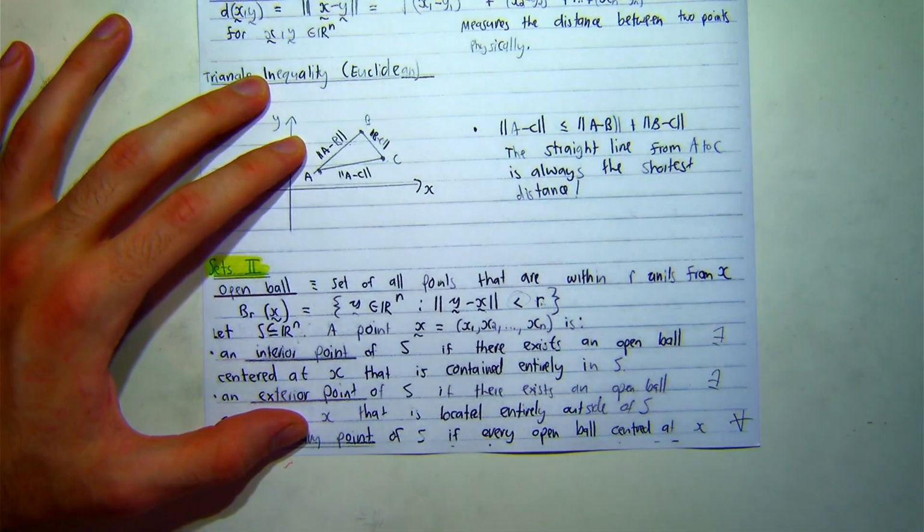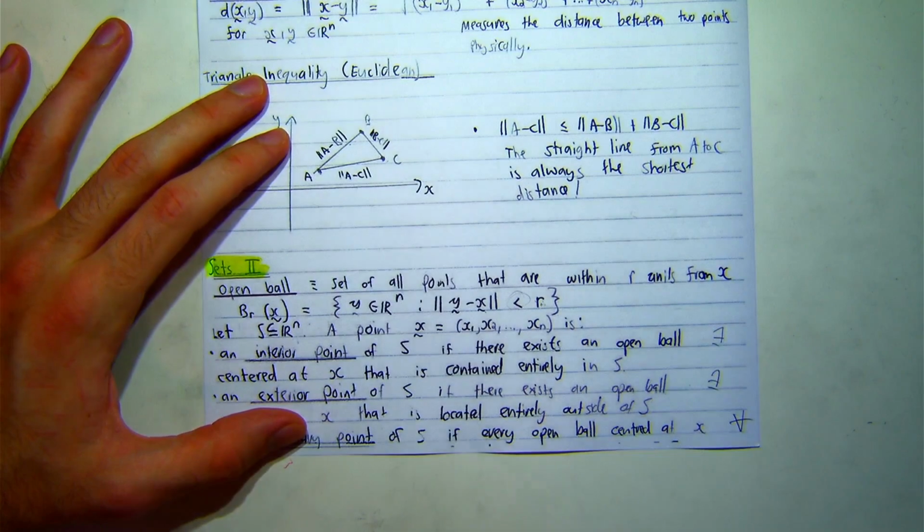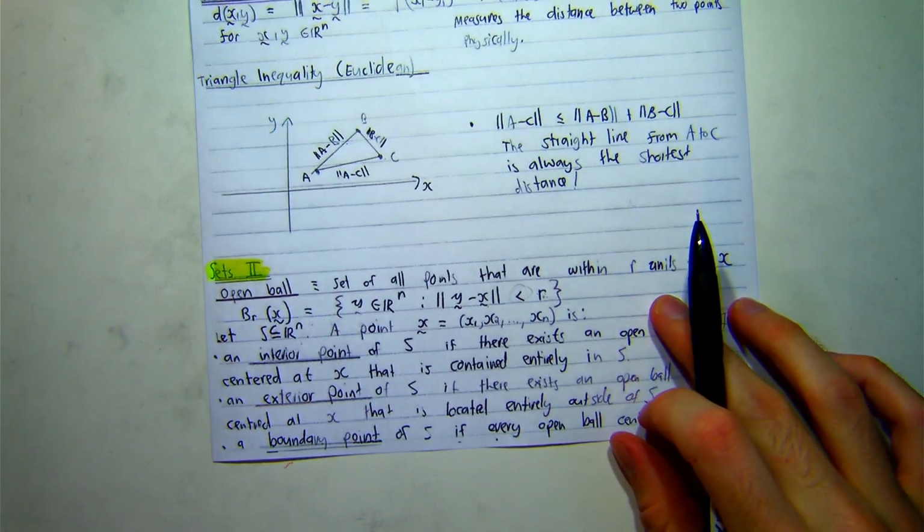Whereas this one has a for all definition, where every open ball has at least one point in the set and one point out of the set.